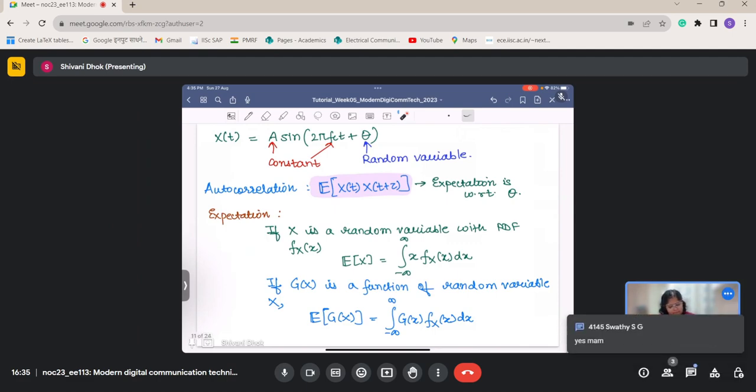Okay, thanks. Now what we need to find is this expectation of x of t into x of t plus tau, which is a function of theta. So basically this is g of theta.